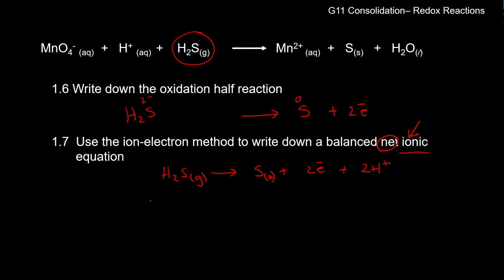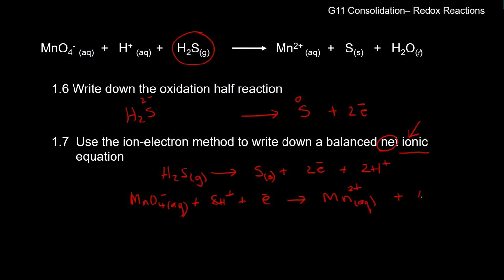We have MnO4 minus, aqueous, plus 8H plus, plus electrons. I can't remember, we're going to have to go back to that. And what's that going to give us? Mn2 plus in the aqueous form.